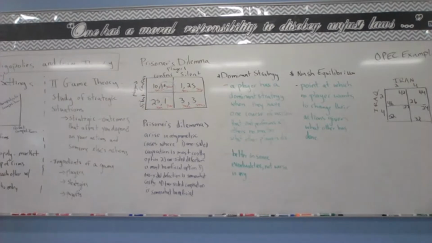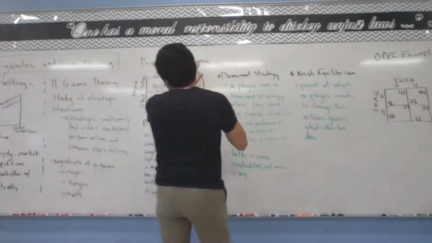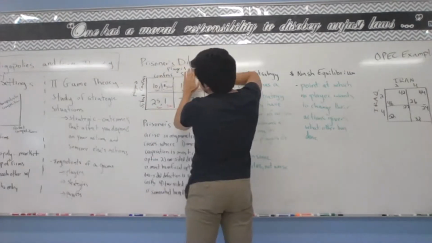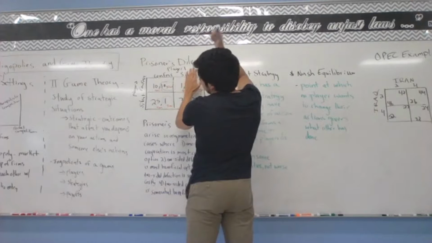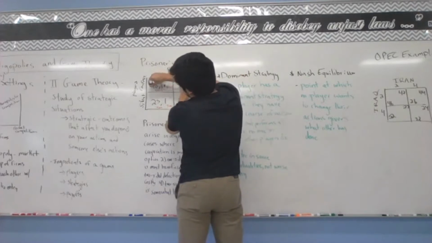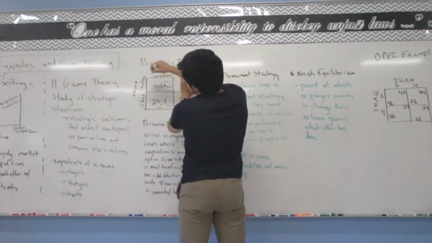And then we do the same type of analysis. Let's find the best response player two can come up with if we eliminate this strategy from player one's handbook. So if we're assuming player one confesses, the best response, we can circle the payoff, is going to be 10. And then the best response for player number two.